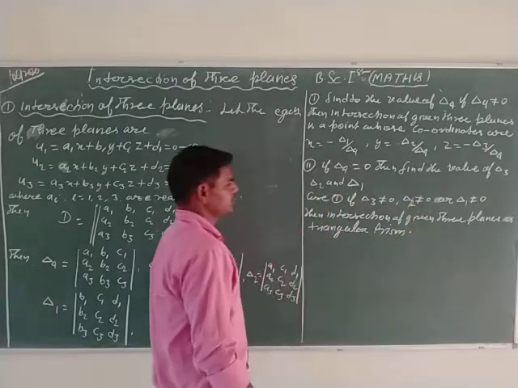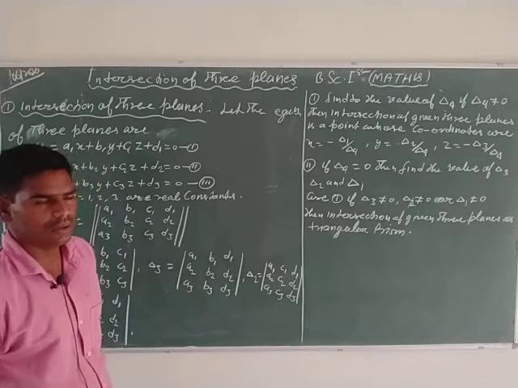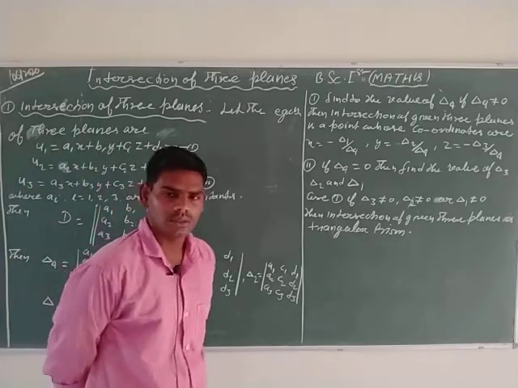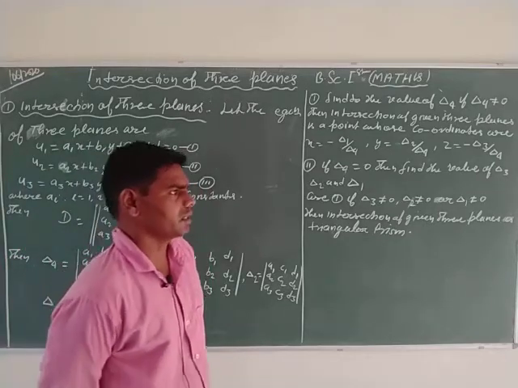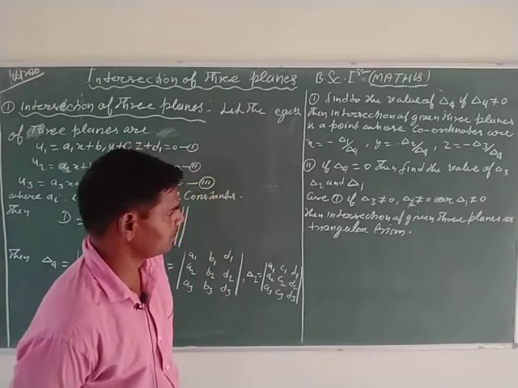So in this case, if delta 3, delta 2 or delta 1 is not equal to 0, but delta 4 is equal to 0, then the intersection of the given three planes is a triangular prism.